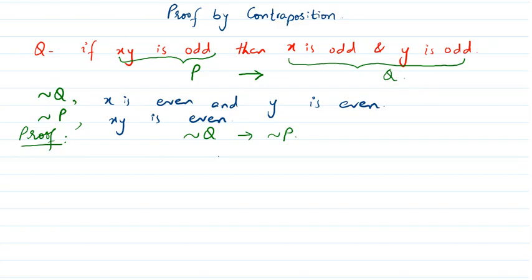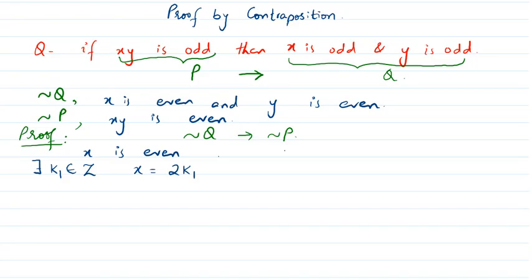So, the not of Q claims that x is even and y is even. So, if x is even, let me write it again here. If x is even, then there exists an integer k1 that belongs to the set of integers, and x is going to have the form 2 times k1, right?